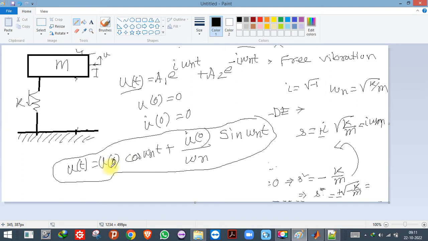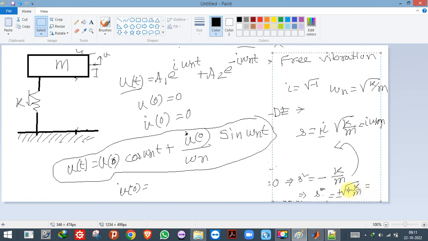Now what are these terms? u of 0 is the initial displacement, u dot 0 is the initial velocity, and omega n is the natural frequency.